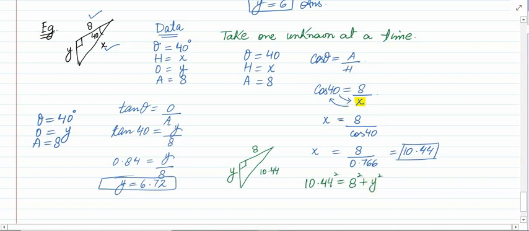So 10.44 square is 108.9, so I am going to take 109. 8 square is 64 plus y square. I am solving just right here. So it will be 109 minus 64, it's 45, is equal to y square, and root of 45 is 6.70 or 71.